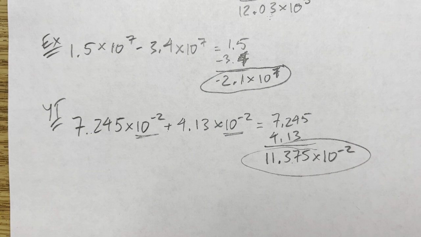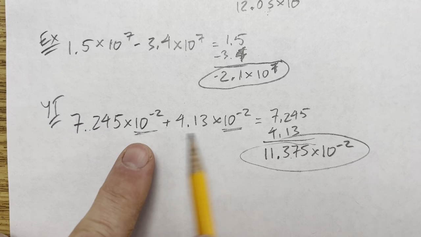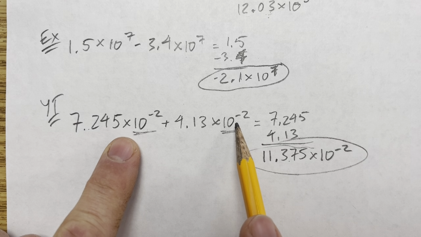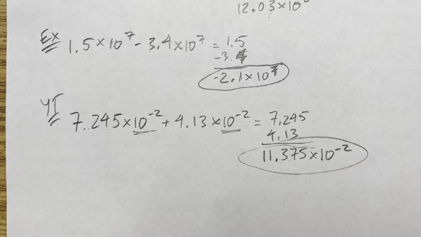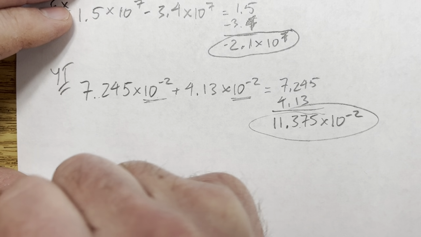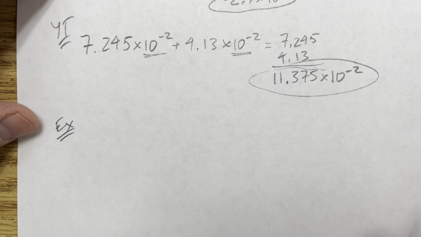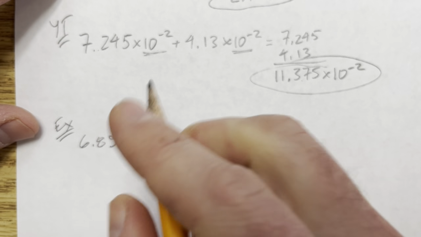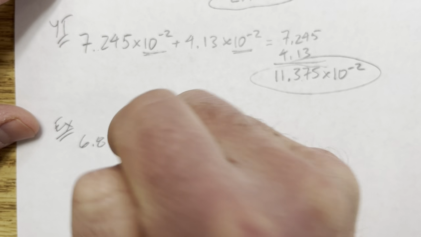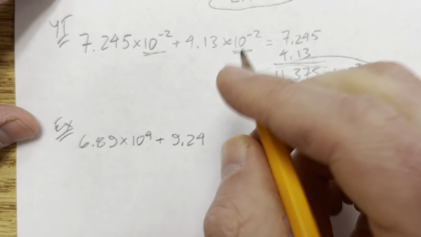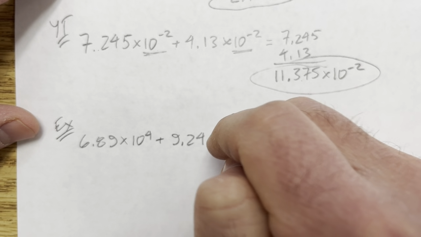Now those all work great when you're given the same 10 raised to the same power. Now you might end up with something a little bit more complicated, where it looks like this: 6.89 times 10 to the 4th plus 9.24 times 10 to the 5th.